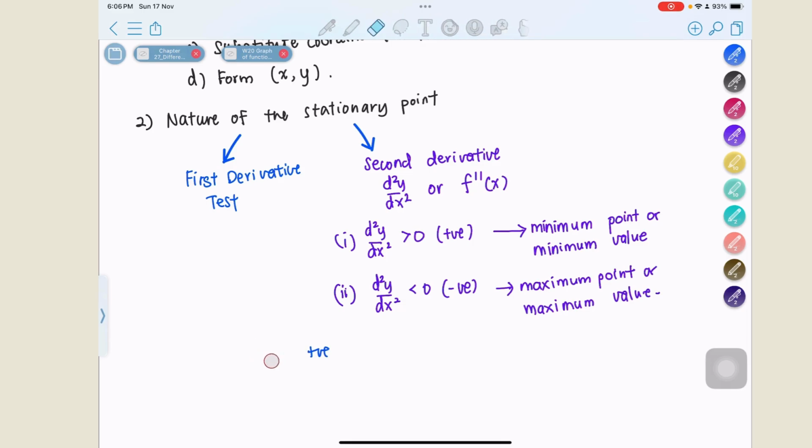I want you to use this hint to find out the meaning of point of inflection. So in the next lesson you have to tell me what is a point of inflection.